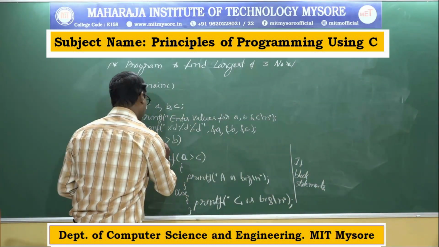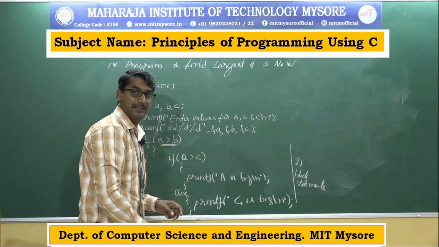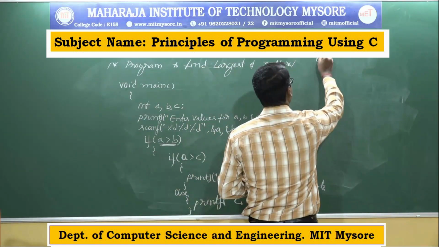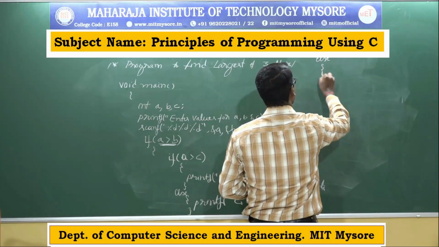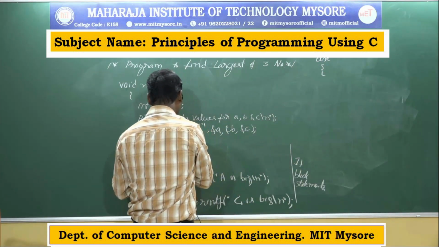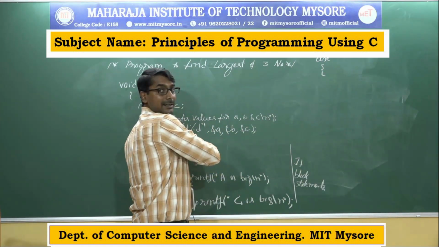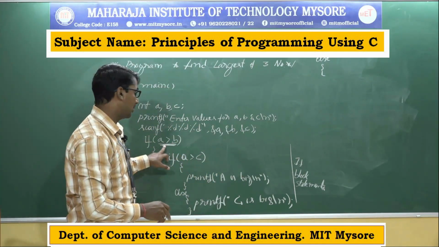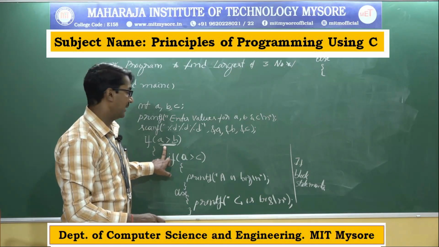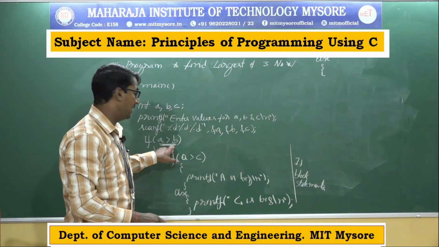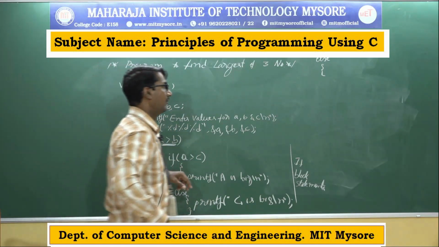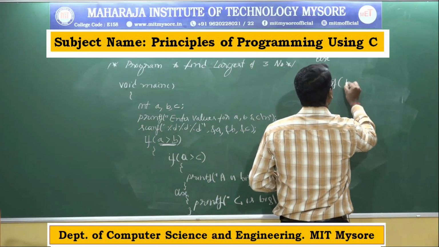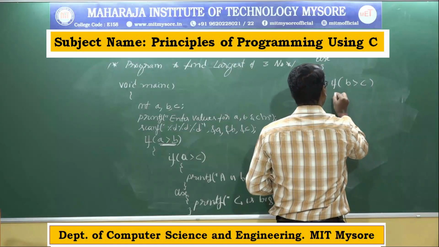If in case this condition is false, we need to check one more condition. Means here a value is not greater than b value, then b is big. So if this condition is not satisfied, then b is big. Next, we need to verify the b value with the c value. So here, if b greater than c.